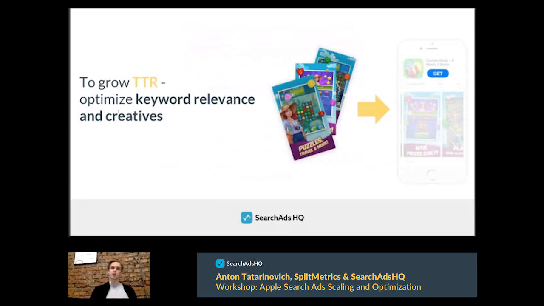So to get higher tap through rate, you need to optimize your icon, your screenshots, your video preview, app name, and metadata. This will maximize the number of taps. And also, if you go granular with targeting, a cost per tap can grow or actually go down. We've seen both scenarios here in SearchAdsHQ.